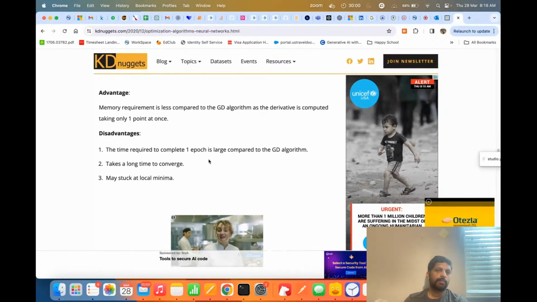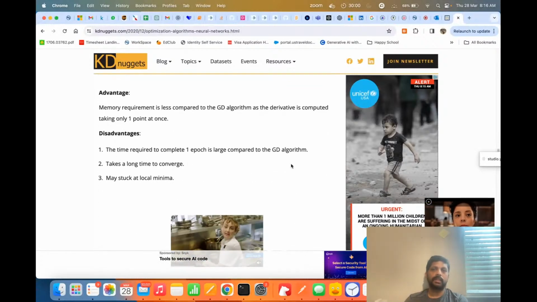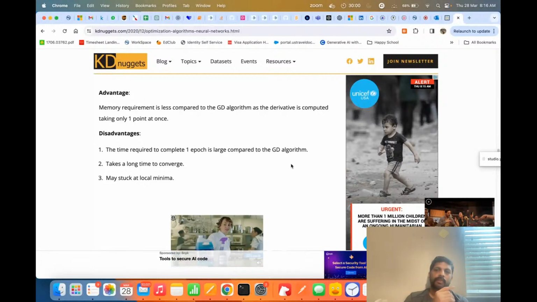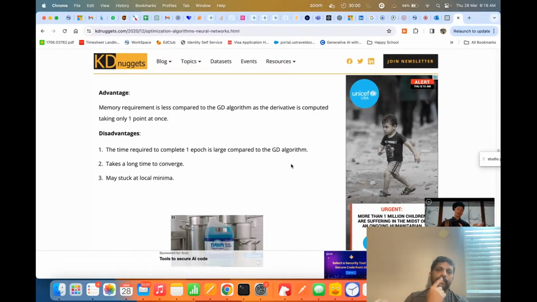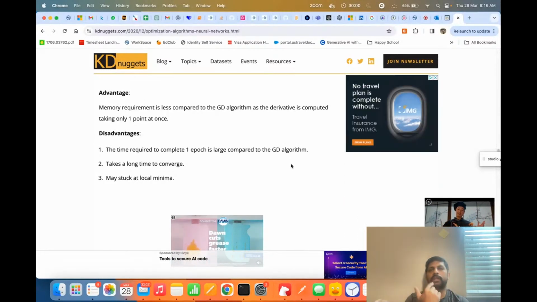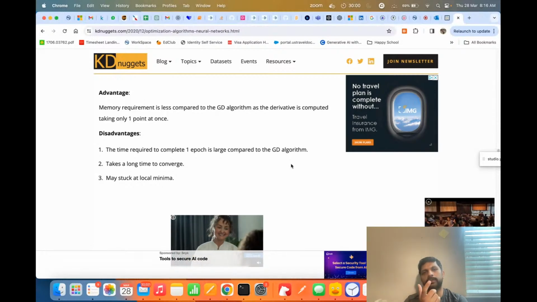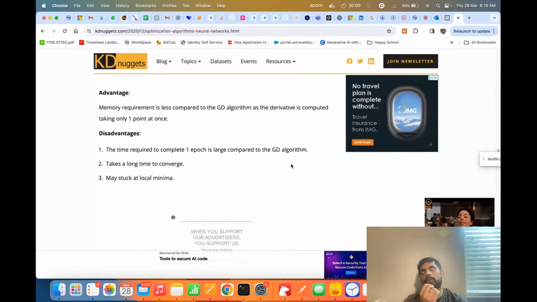The time required to complete one epoch is large compared to the gradient descent algorithm, because you calculate for each example, and to complete all the examples it will take time, right? So the compute requirement could be minimal, but the time is more than GD.